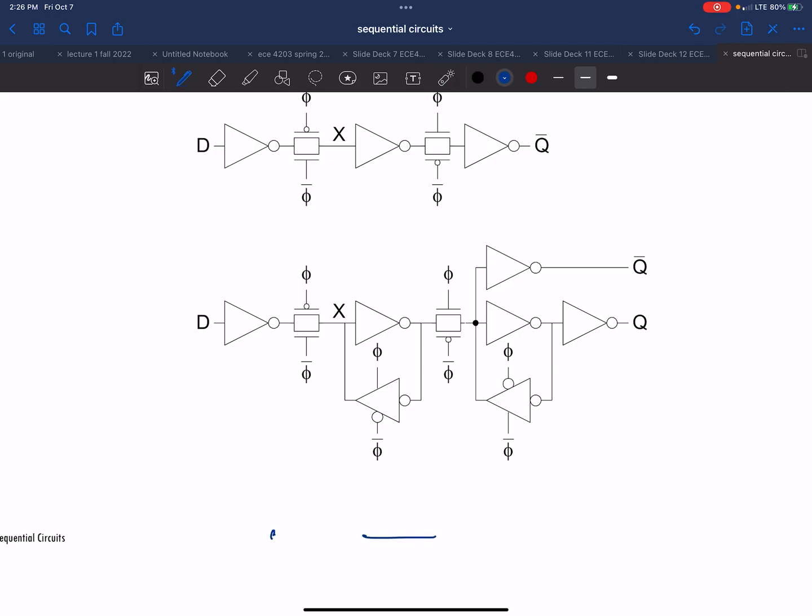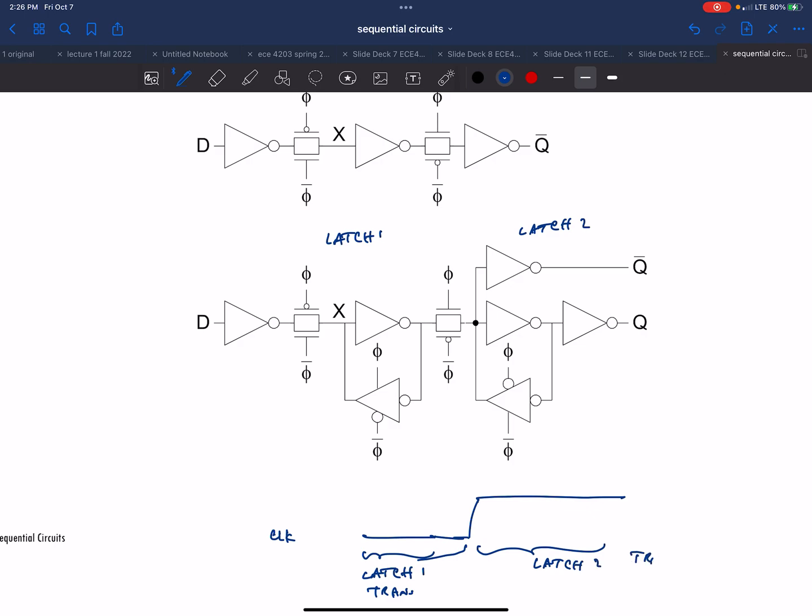And when clock went high, latch 2 became transparent and latch 1 became opaque.